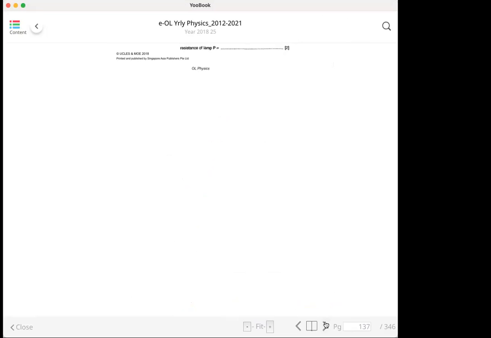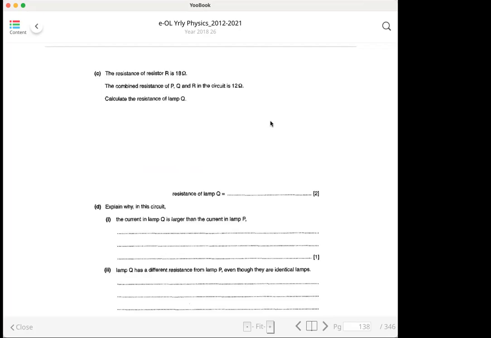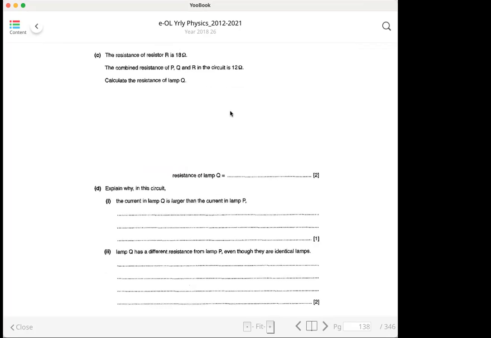Okay, the last page for today. Okay, all of you do part C now. Okay, for D part 1, the question is, why is the current in lamp Q larger than the current in lamp P?